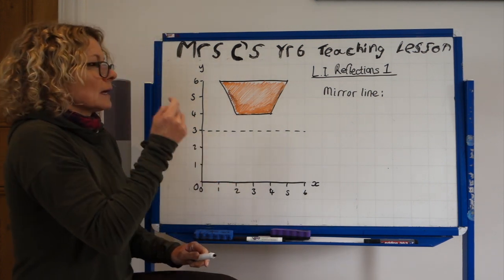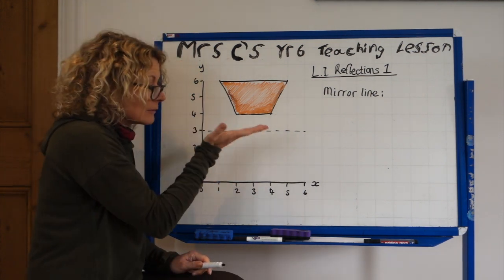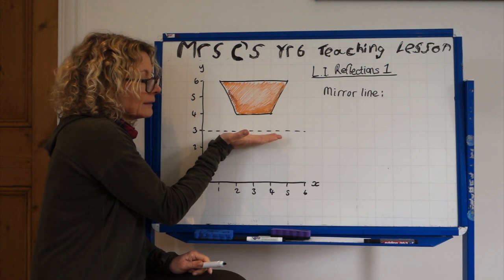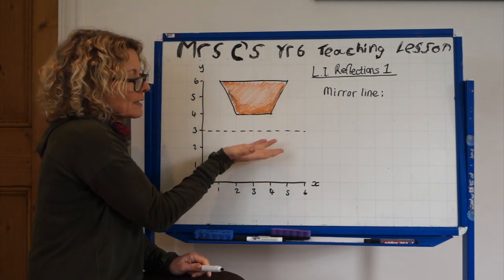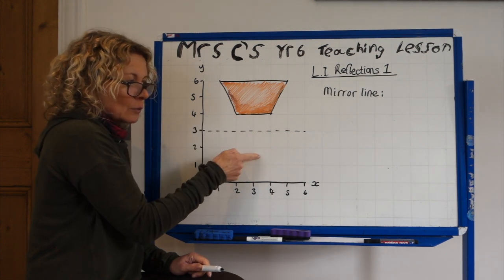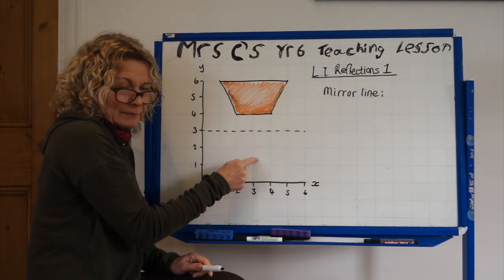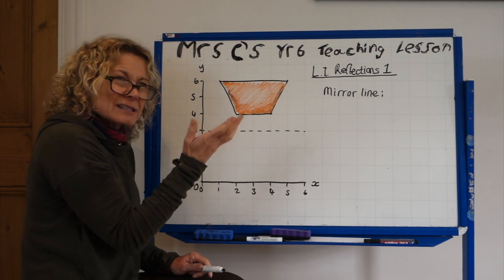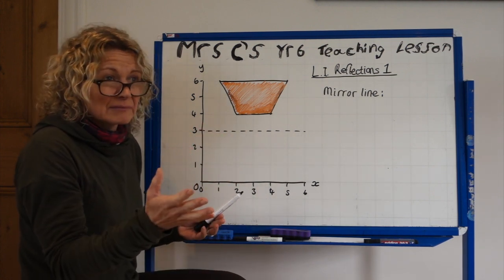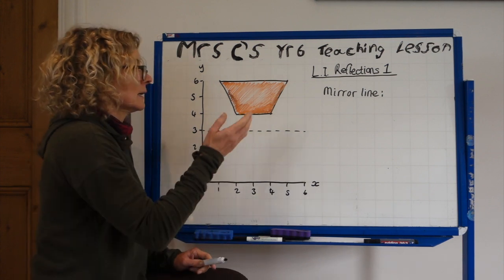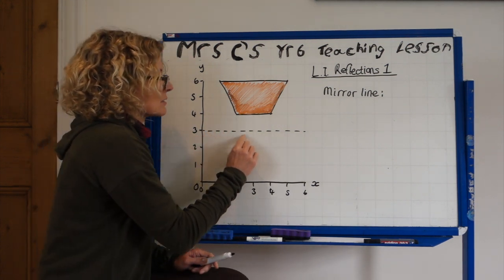If I were to hold up a mirror onto the mirror line there, you would be able to see what the trapezium is going to look like once we reflect it. I don't think it's essential to have a mirror. If you have a mirror, you can use it. So the mirror line is this dotted line here.